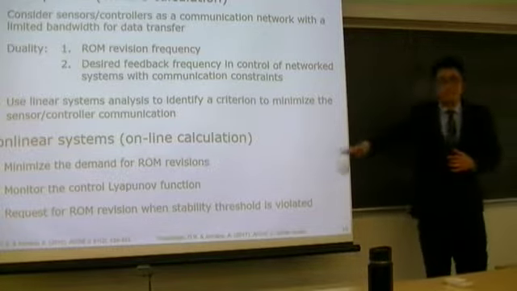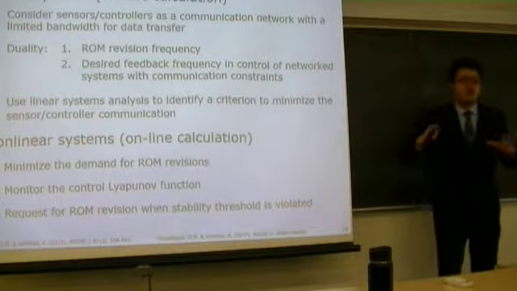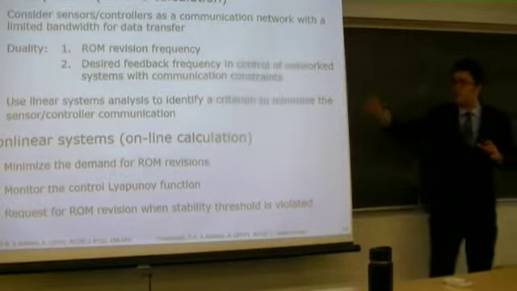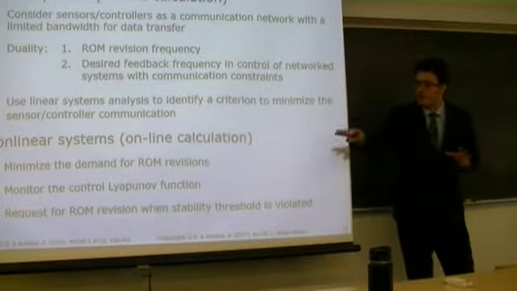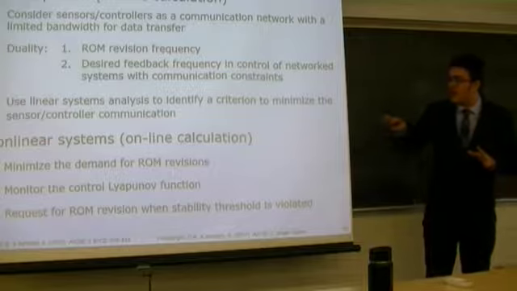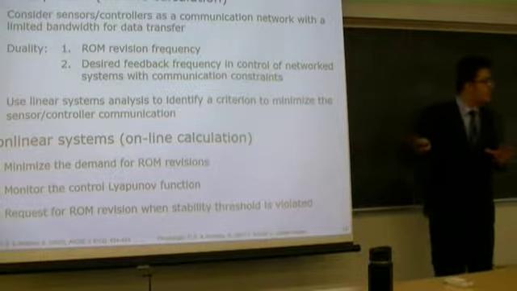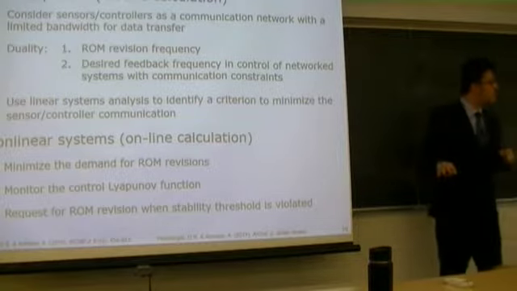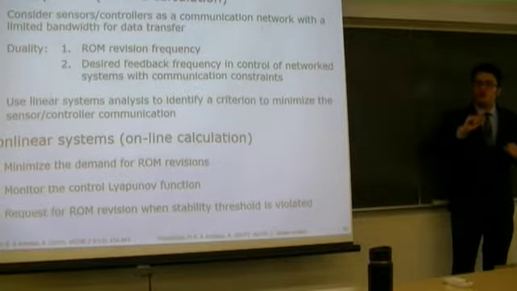For the nonlinear system, it's more complex, so we couldn't do the offline calculations. Instead, we could do some online monitoring. The way that we propose to address this revision problem is minimizing the demand for the reduced order model revision by monitoring the control Lyapunov function. So we monitor the candidate control Lyapunov function.